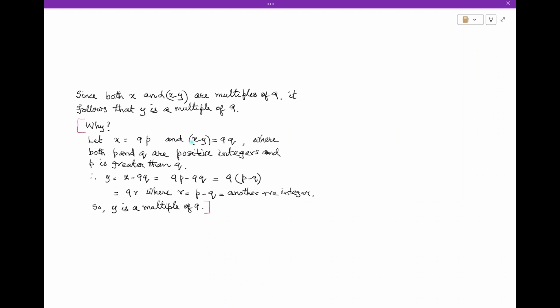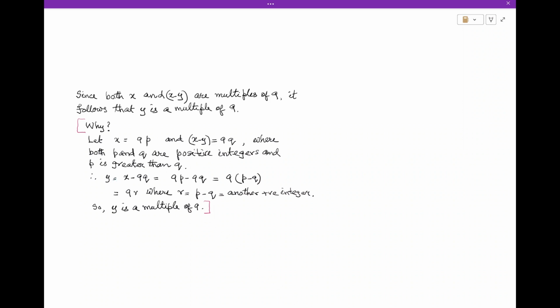Why? Let x be 9p and x minus y be 9q, where both p and q are positive integers and p is greater than q because x is greater than x minus y.